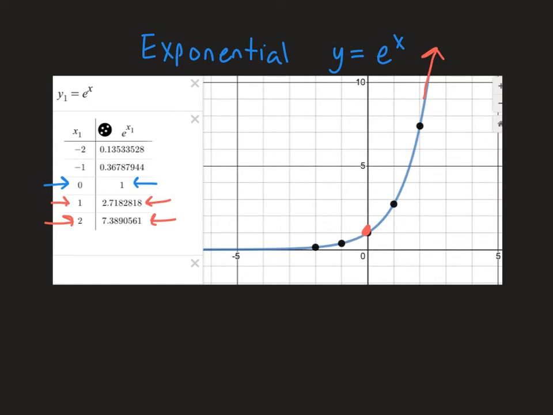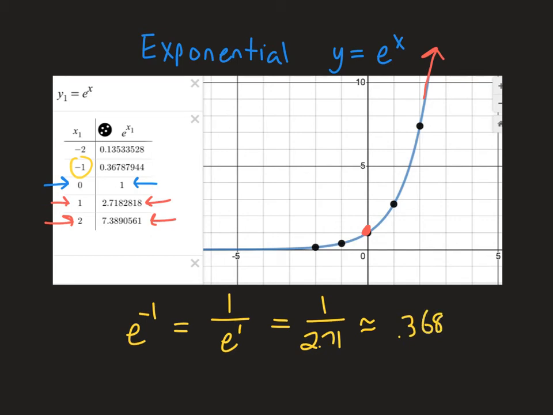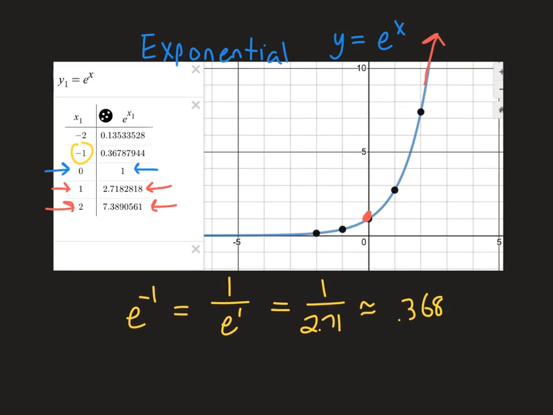And then what's happening on the left, for example at -1: e to the negative first power, a negative exponent means 1 over e to the first. So this is like 1 over 2.71, and you can see from the table the value there is roughly 0.368.